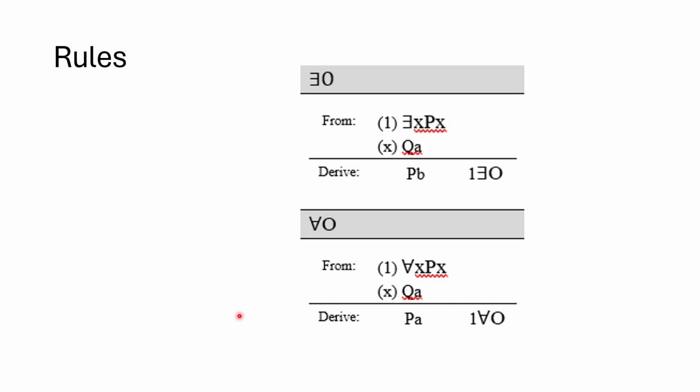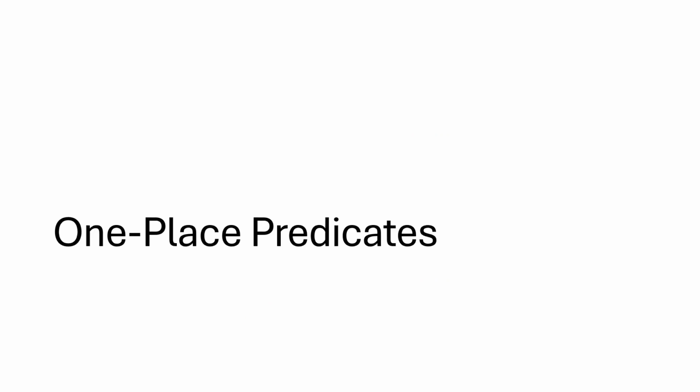And if you had a universal quantifier, you could pick anything that you want. So same rules apply here. Existential quantifiers are limited, and the universal quantifiers are not. The process with using these quantifier out rules is the same for one-place predicates and two-place predicates, but we'll just start by looking at only one-place predicates.